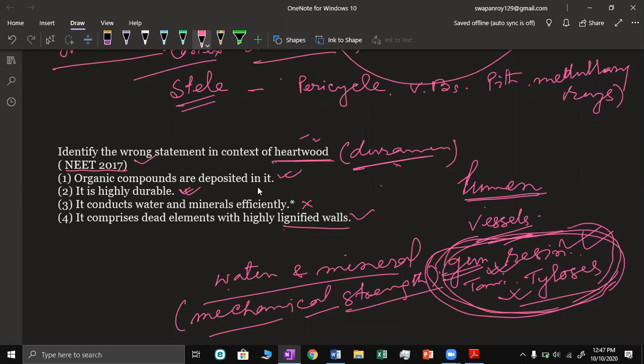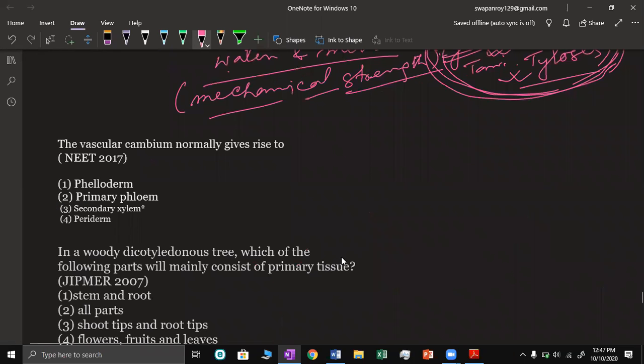So statements number 1, 2, and 4 are correct, but statement number 3 is wrong with heartwood. So our answer is statement number 3, because the wrong statement has to be marked. Next question.